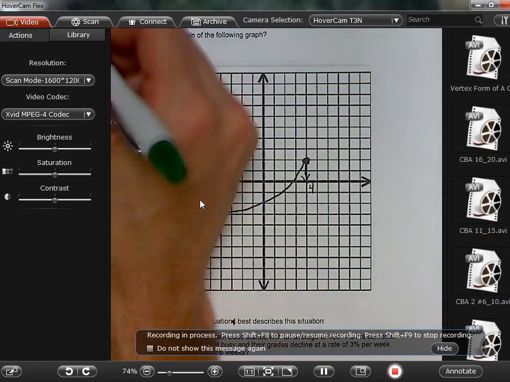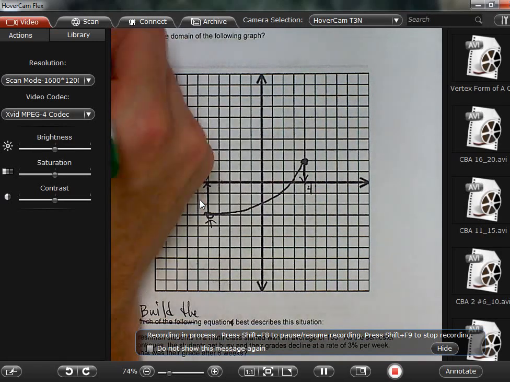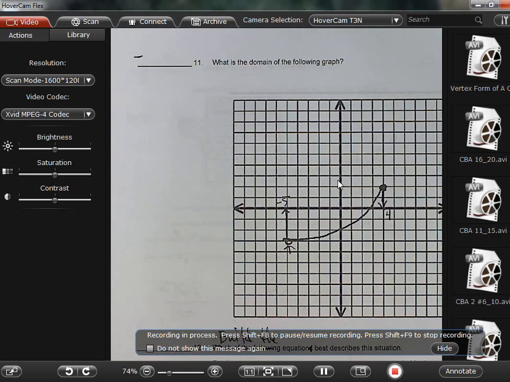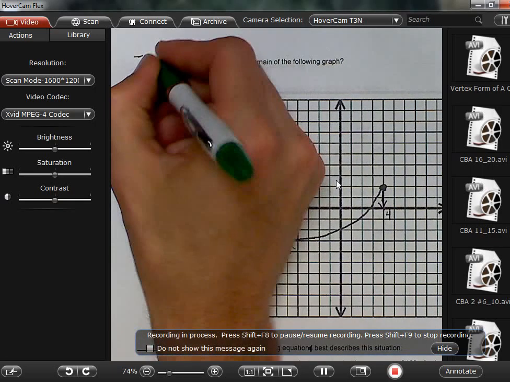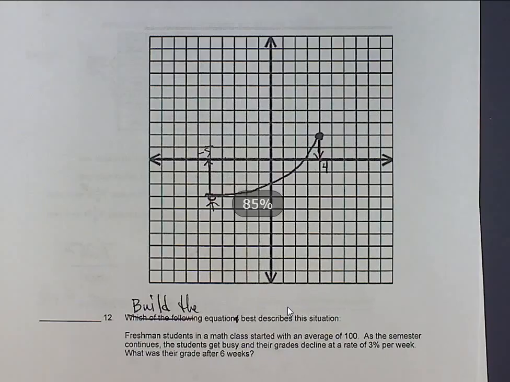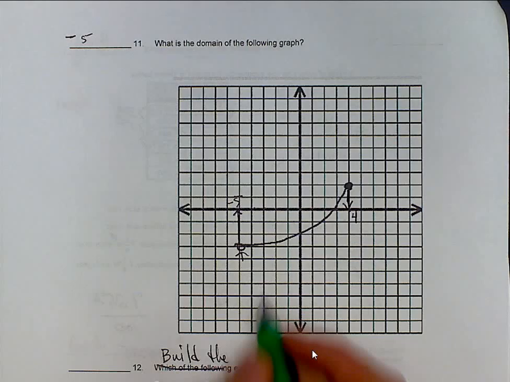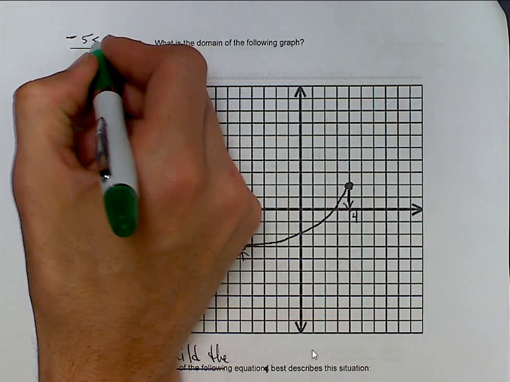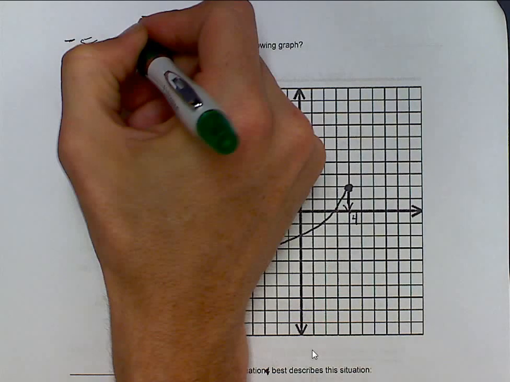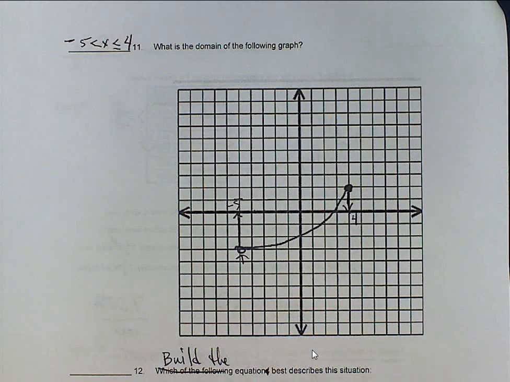So my smallest is -5. -5 is less than x, which is less than or equal to 4. Make sense? Good deal.